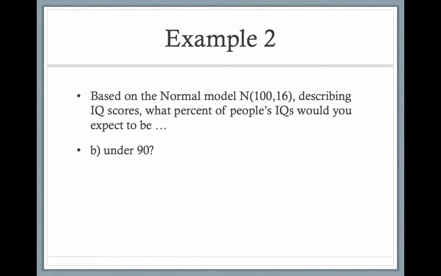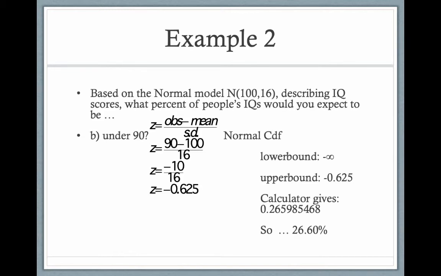Okay, so using the same scenario, what percent of people's IQs would you expect to be under 90? So we need to find the z-score. So it's going to be 90 minus 100 over 16, negative 10 over 16, which reduces to negative 0.625. So again, you're going to go to probability, distributions, pick normal CDF.